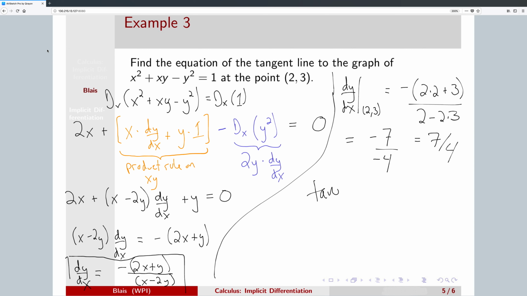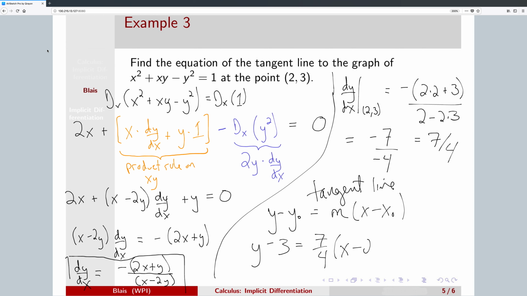And this means our tangent line can be written using y minus y naught is m times quantity x minus x naught. Our point is 2, 3. So y minus 3 is 7 over 4 times x minus 2. And that gives us our equation for the tangent line at the point 2, 3.